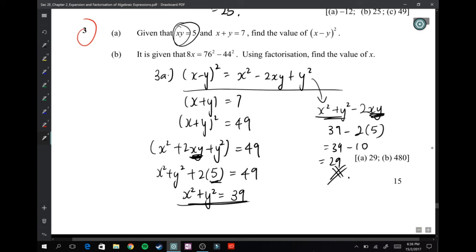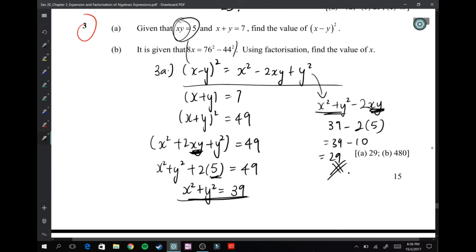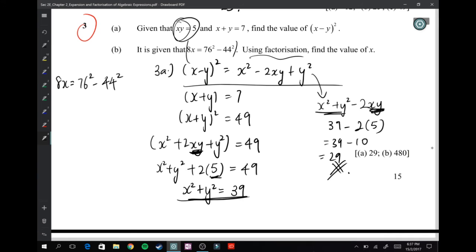Okay, now part B. It is given that, okay, find the value of x. So 8x equals 76 squared minus 44 squared. Using factorization, not calculator. So this is a case of a squared minus b squared.